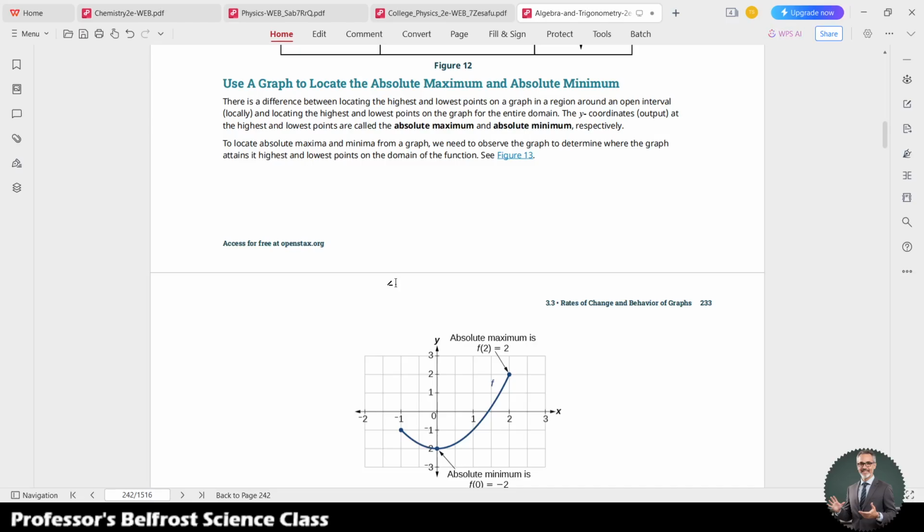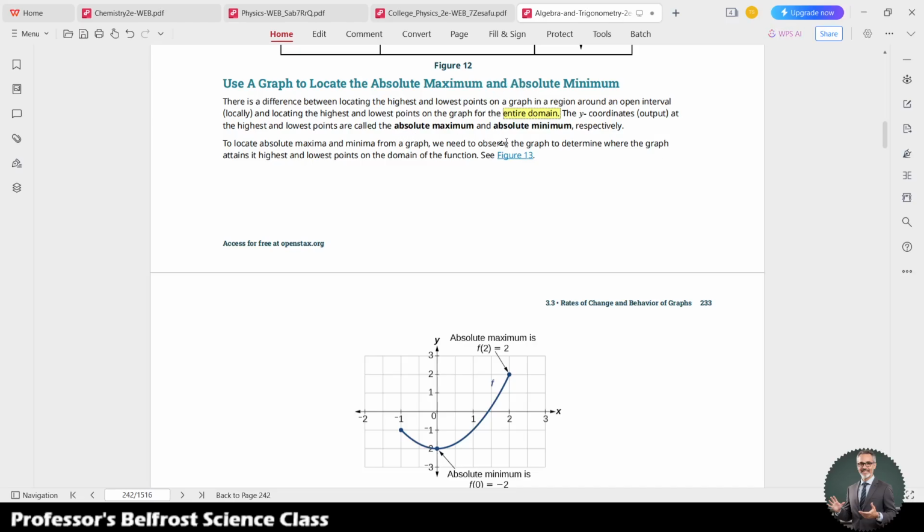Now we may use a graph to locate the absolute maximum and the absolute minimum. We need to locate the highest and lowest points on the graph for the entire domain. What makes the previous local or relative maximum and minimum different from the absolute maximum and absolute minimum is the domain that we take into account.